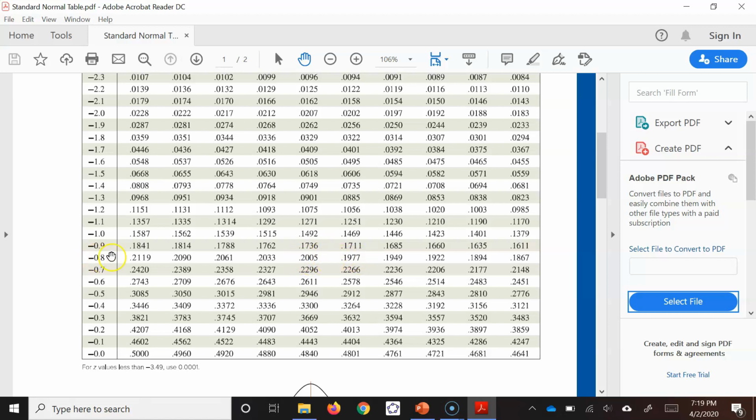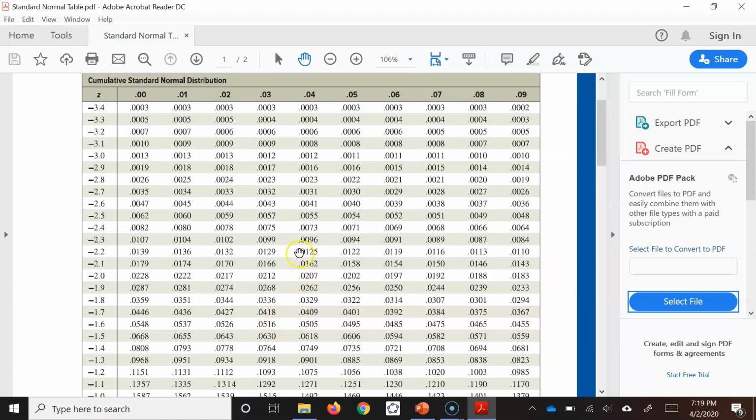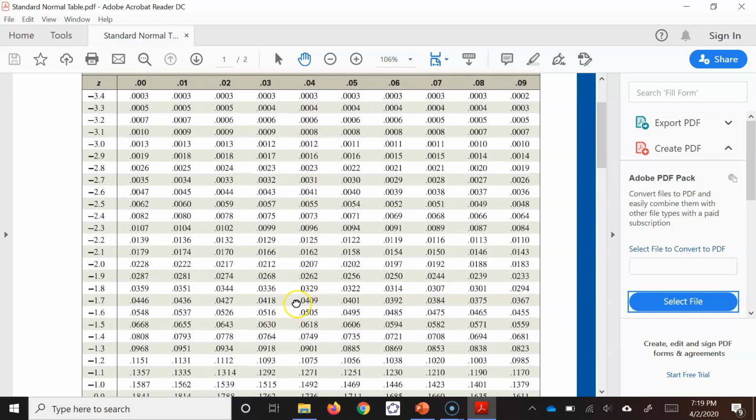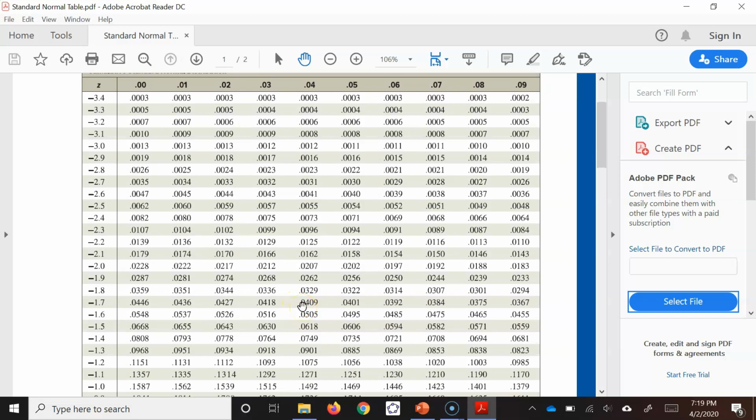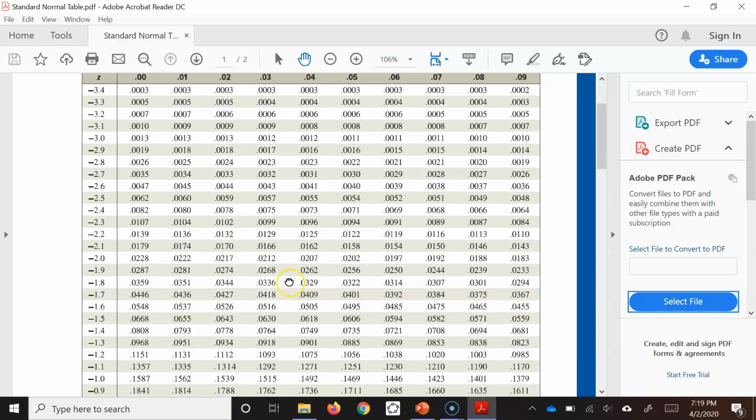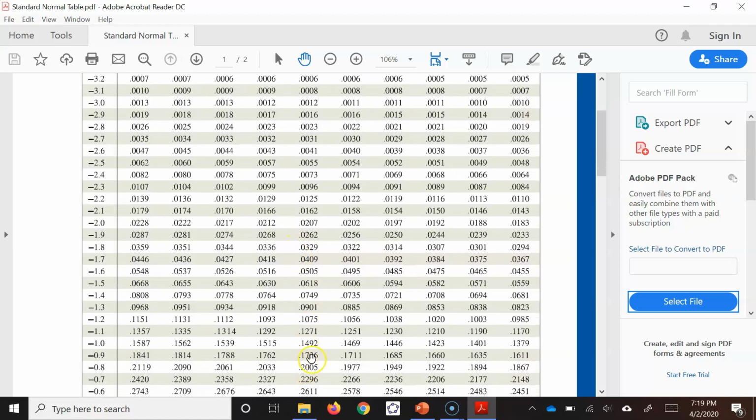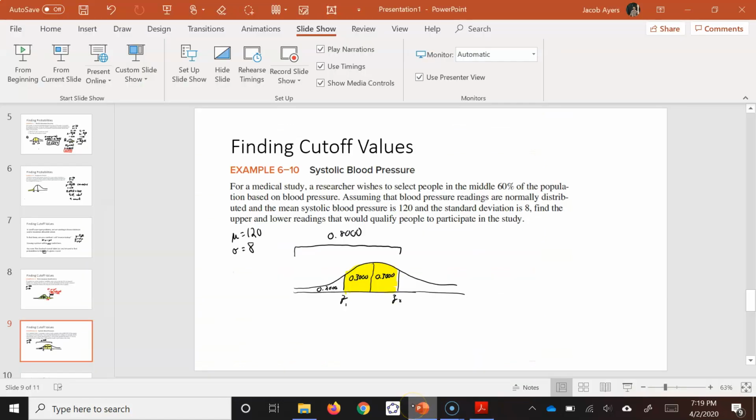So that is negative 0.84. I'll scroll up to show that. Do I have enough? Just barely. No, I don't. Negative 0.84 right there. So the z-score here is negative 0.84.